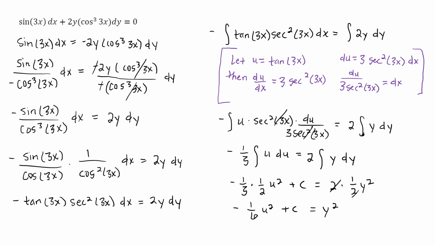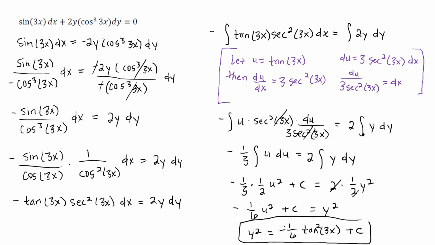Okay, so y squared equals negative 1/6, the u we know is tan 3x, this is tan squared because it's u squared, plus c. And that is our general solution. Oh man, that was fun. Wouldn't you agree?